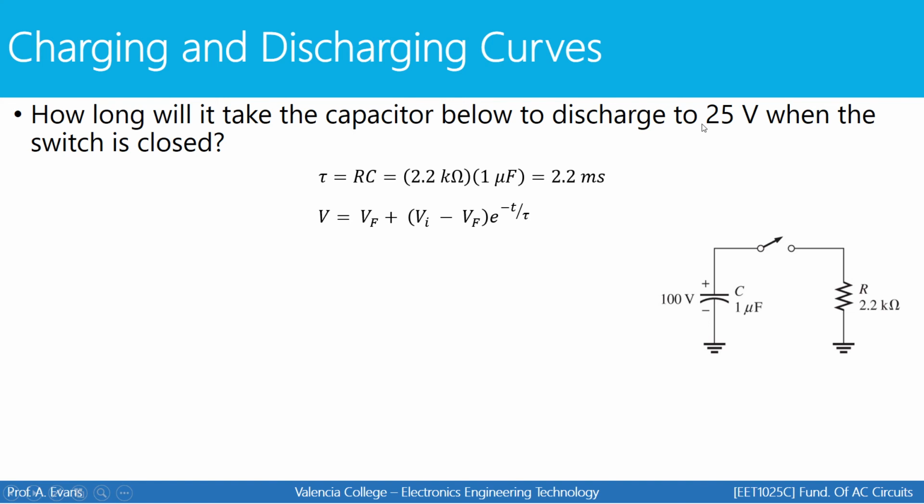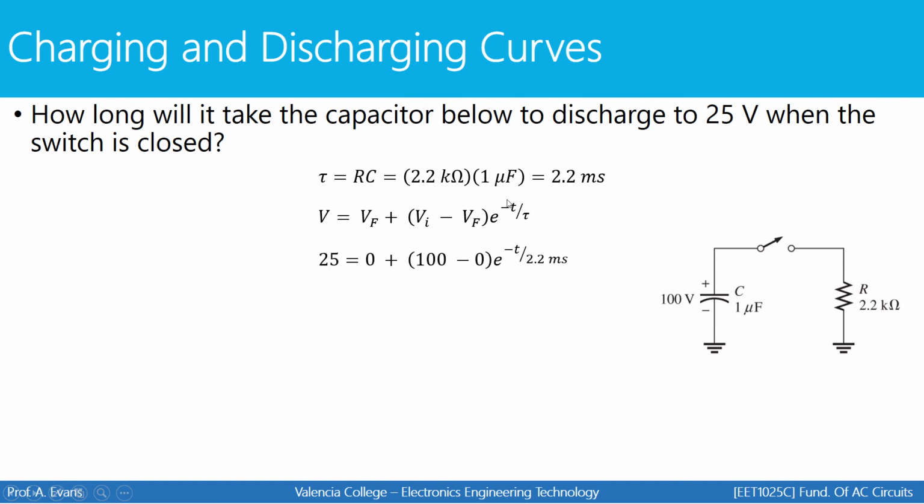That's an instantaneous voltage, a voltage at a certain point in time throughout the discharging process. So that's actually going to be our V on the left-hand side of the equation. And what we don't know is T. We don't know time. So we're going to plug in our initial and our final values, our instantaneous value, the time constant, and solve that for T.